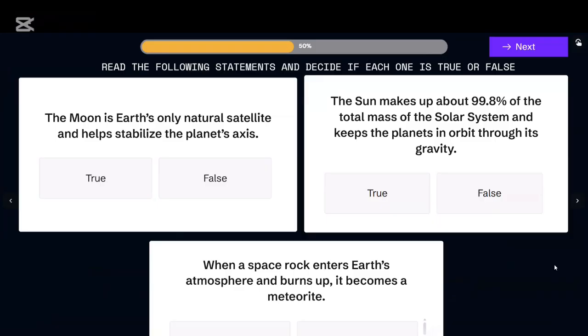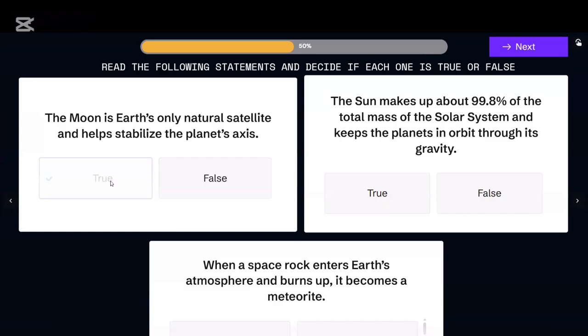Now we have a true or false activity. I'm going to show you some statements about everything we have learned today, and for each one I want you to decide if it is true or false. And most importantly, why. You need to justify your answer in English. This one is for Flor, and this one is for Lorena. So, Flor, the moon is Earth's only natural satellite and helps stabilize the planet's axis. True.